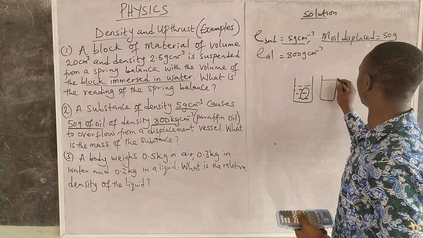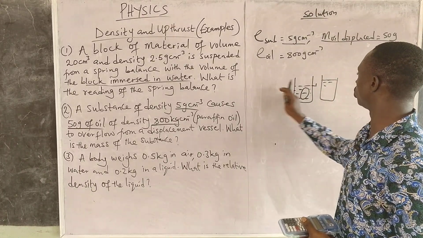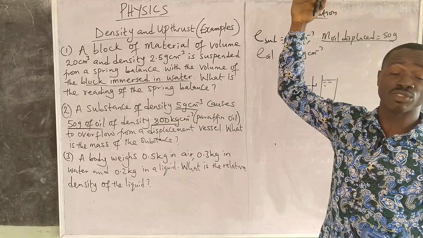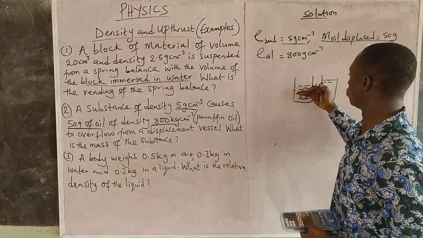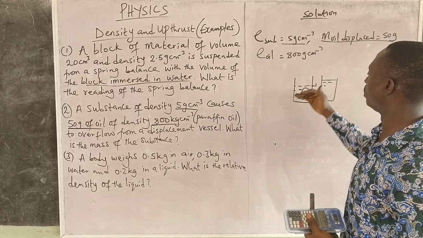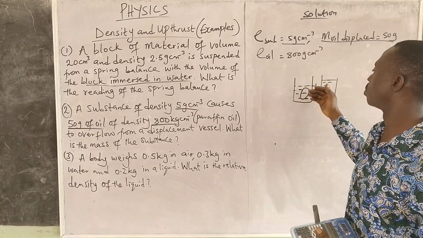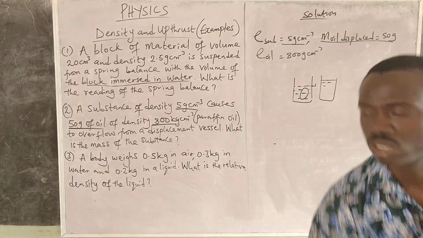The volume is going to rise. If before we had 10 cm cube, by the time this one enters, we may have something like 15 cm cube. All right, there's going to be displacement of the fluid, so that the volume of the object that is immersed will now be equal to the volume of the fluid that is being displaced.